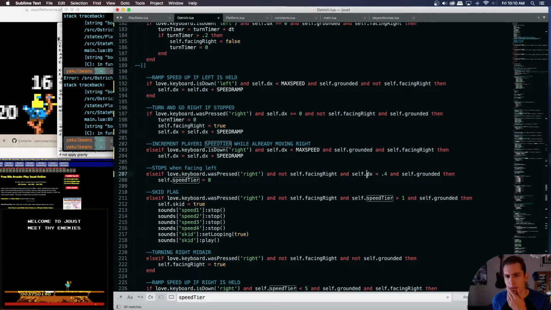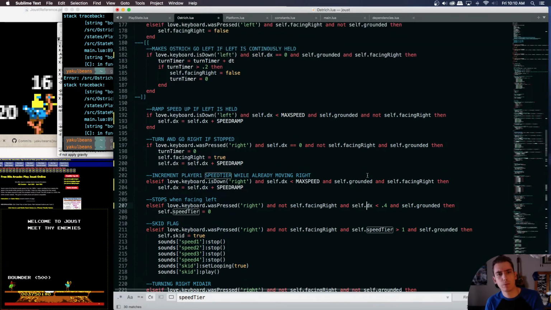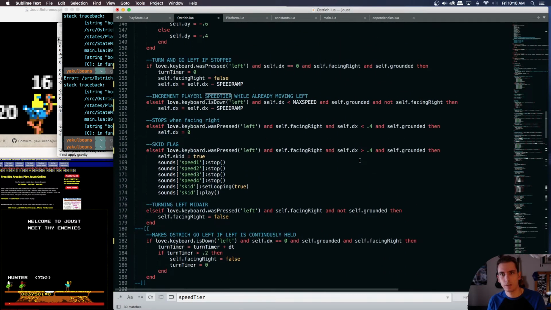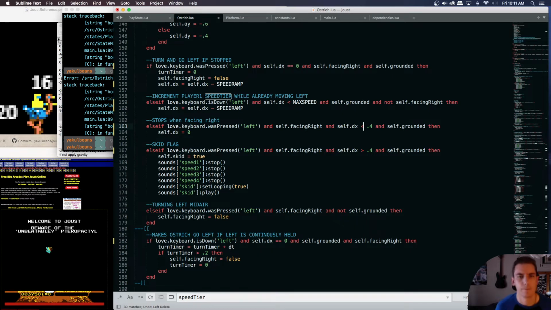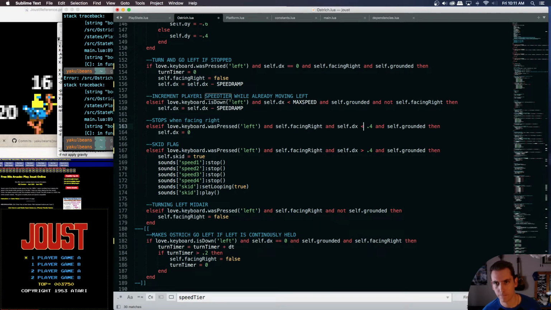On the stop when facing left, stop when facing right, this should be greater than -0.4, right? Wait. Left was pressed, but we were facing right, and dx is greater than, yeah, -0.4.